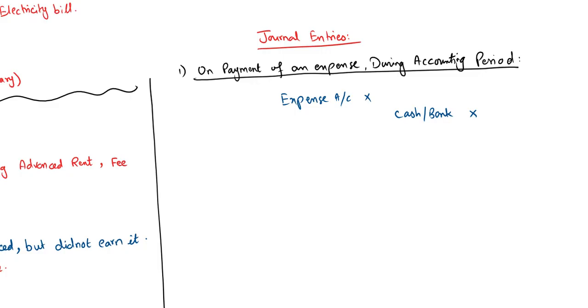The next journal entry related to this concept is the period-end adjustment for expense incurred but not yet paid. This is the entry related to accrued expense.